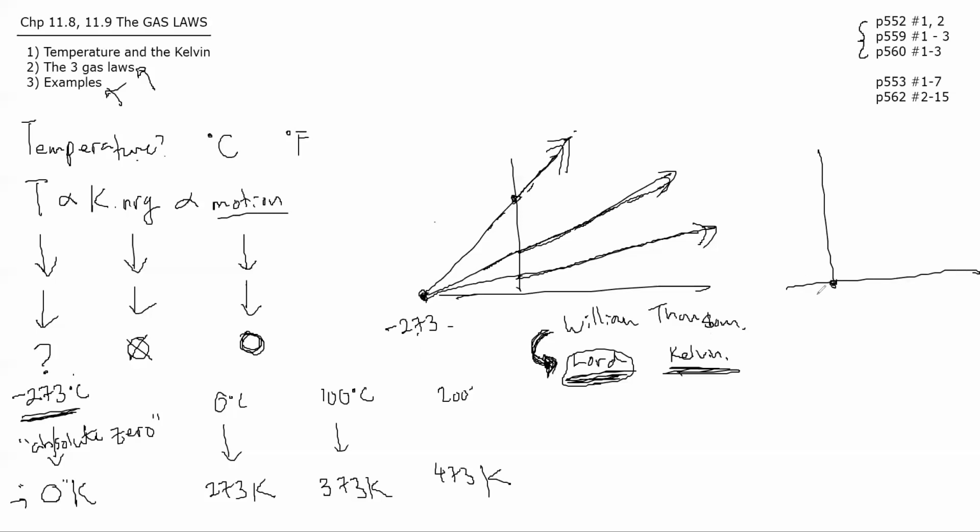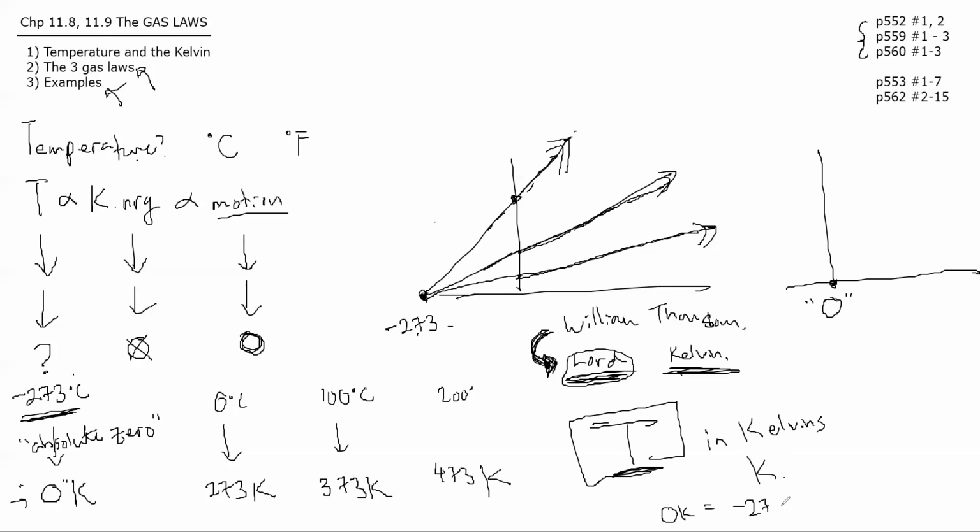We decided that negative 273 is now going to be called 0. So from now on, anytime we talk about temperature, it's going to be in kelvins, in other words, K. And 0 Kelvin is negative 273 degrees Celsius, and 0 degrees Celsius is 273 Kelvin. You have to be able to do the conversion by just adding. From degrees Celsius, you just add 273 to get to kelvins. Okay?